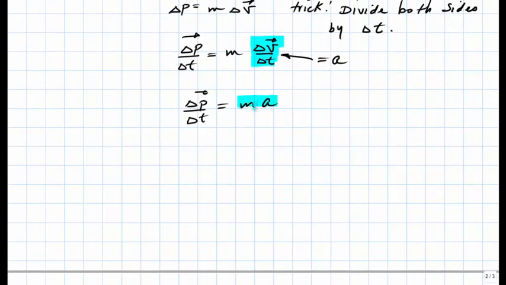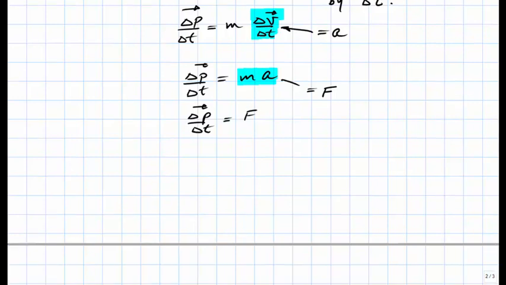Now this should look familiar as well. Earlier, we discussed the fact that mass times acceleration is directly related to force. And so, the change in momentum with respect to time just equals force.